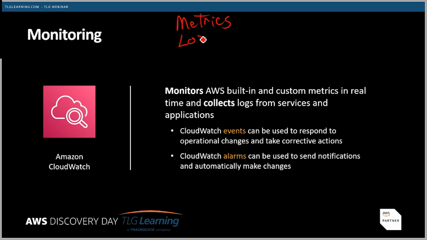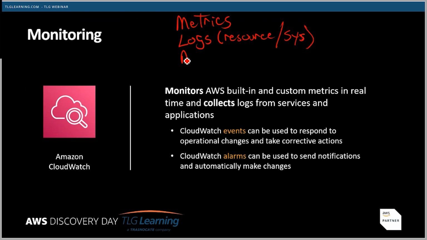CloudWatch is also logs, a central location for logs. So resource or system type logs. You can send your logs from your servers to CloudWatch, other logs from other services. So if you're troubleshooting, looking for error messages and so on, CloudWatch would be the place to go.